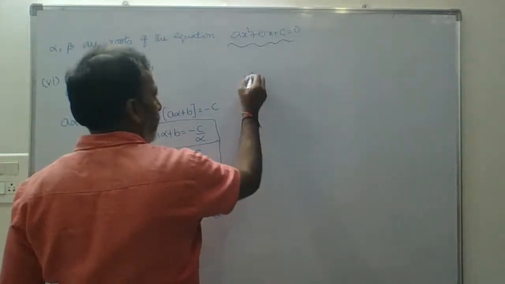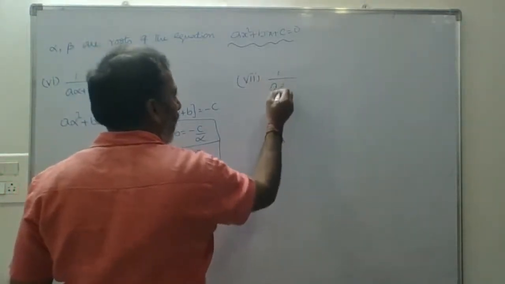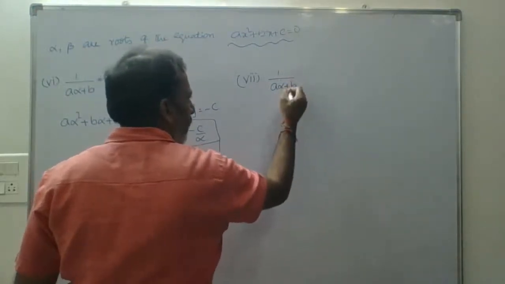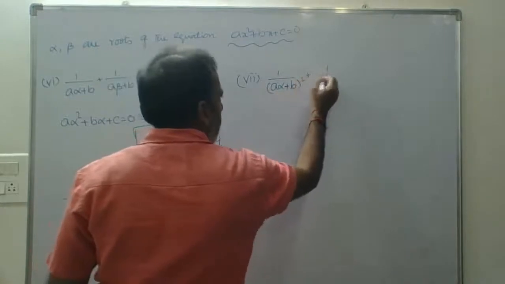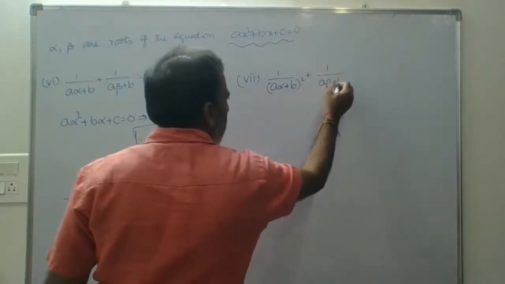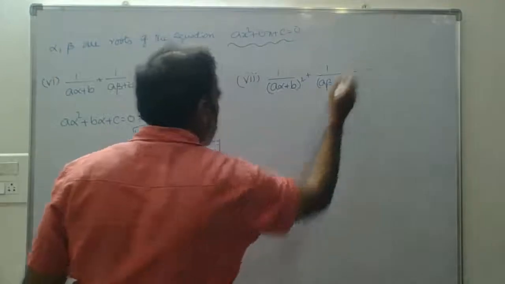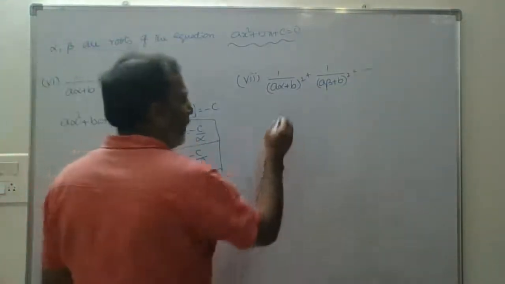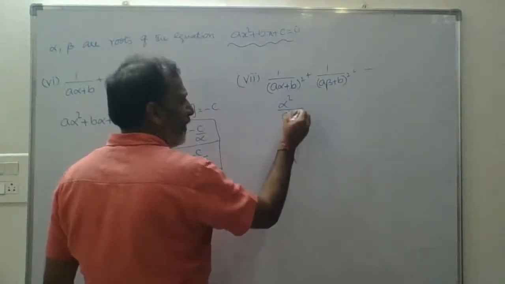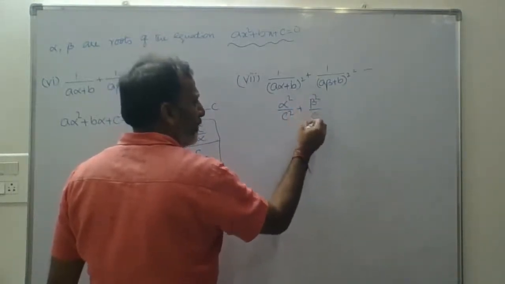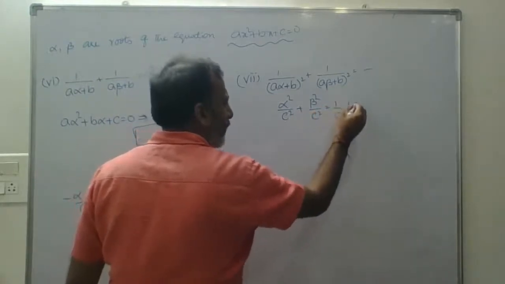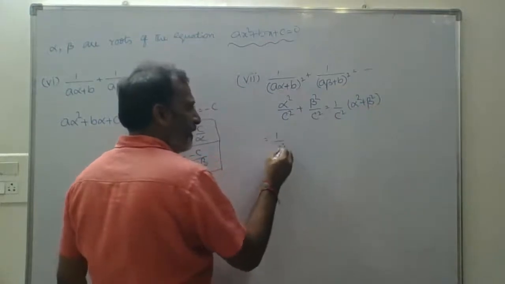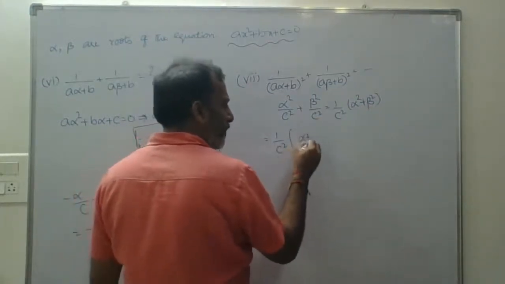Seventh bit. 1 by a alpha plus b whole square plus 1 by a beta plus b whole square. What is a alpha plus b? Minus c by alpha, whole square. So alpha square by c square plus beta square by c square, which is 1 by c square into alpha square plus beta square.